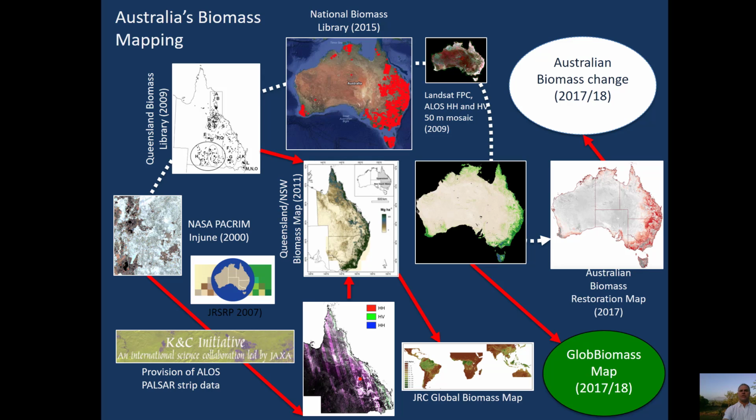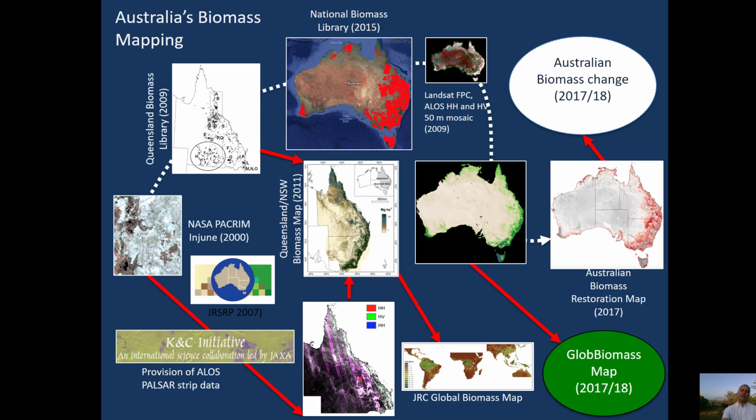The Injune project was pivotal in developing our understanding of radar through the NASA PacRim project in 2000, and also in the need to get better biomass estimates on the ground. We asked people from around Australia, particularly from Queensland, to provide raw tree data, because we knew that if we were going to use these techniques to scale up to Australia, we'd need all that information.